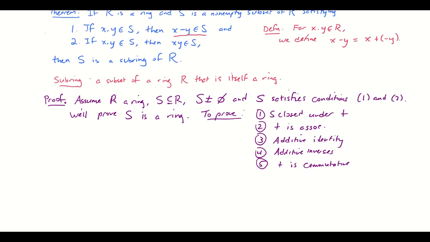We need to prove that S is closed under multiplication. We need to prove that multiplication is associative. And finally, we need to prove the distributive properties, both of them, the one on the left and the one on the right.